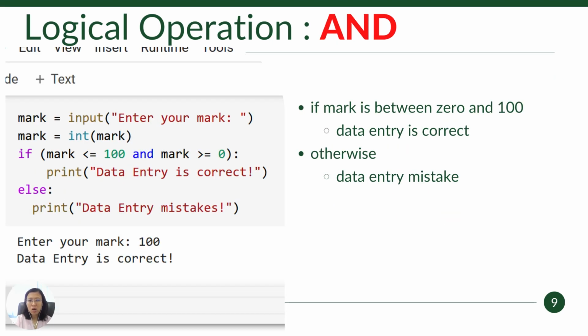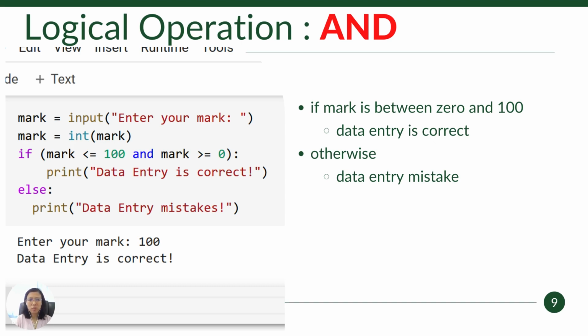Now let's look at the next logical operation, which is AND. Opposite of OR, for the AND condition, both conditions must be true. If your score is between 0 and 100, this data entry is correct. So the condition is that the score must be more than 0 and at the same time less than 100.